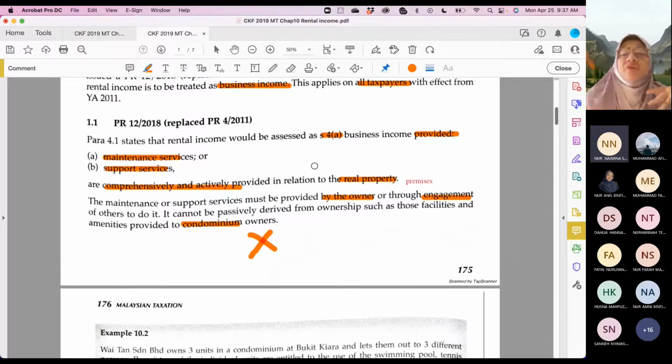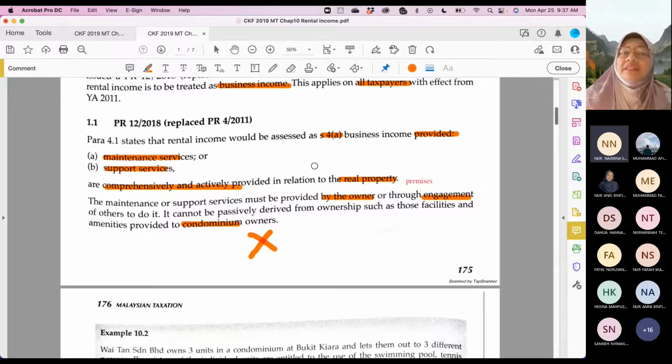So what's the difference between 4D and 4A? Similarly, under both 4A and 4D, if you have any expenditure incurred in deriving that income, you can deduct the expenditure. But under section 4A, you do have capital allowances.